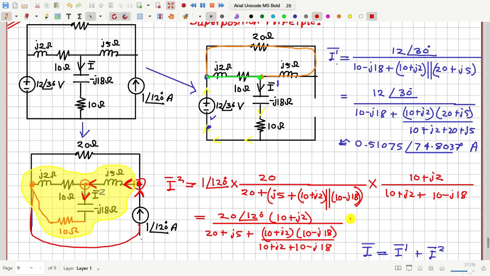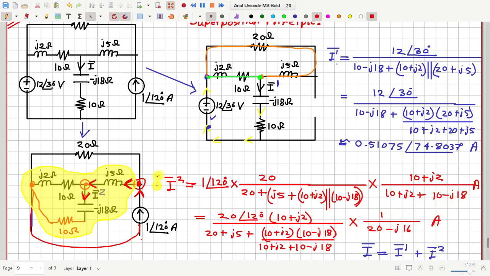Then this entire thing is further multiplied by 1 over 20 minus J16. This is in ampere.